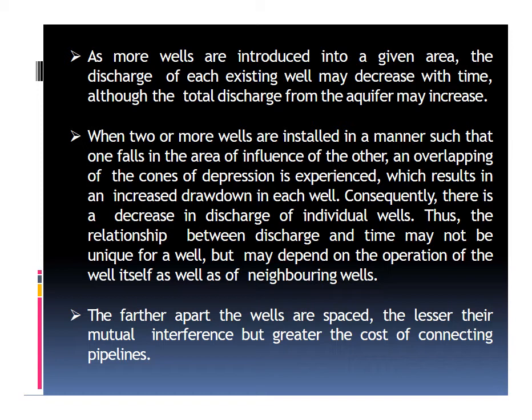An overlapping of the cones of depression is experienced, which results in an increased drawdown in each well. Consequently, there is a decrease in discharge of individual wells. Thus, the relationship between discharge and time may not be unique for a well, but may depend on the operation of the well itself as well as of neighboring wells.